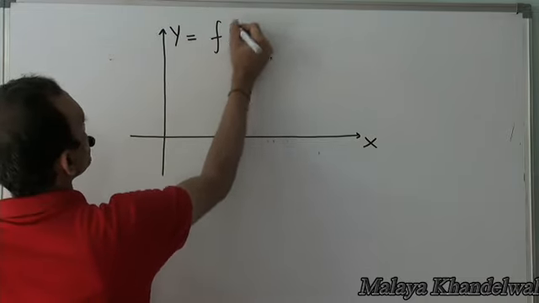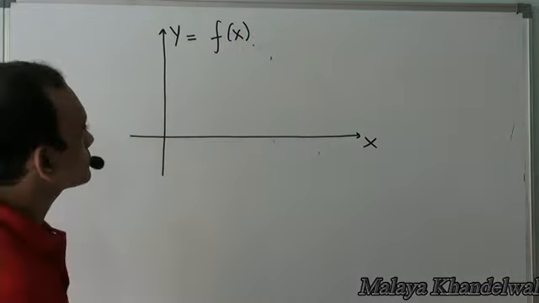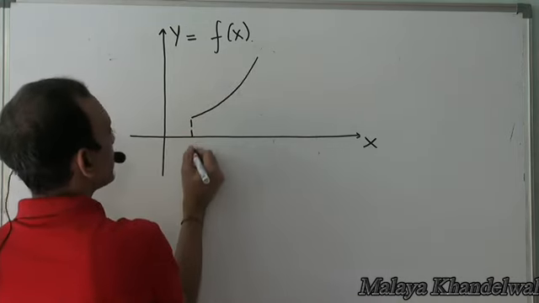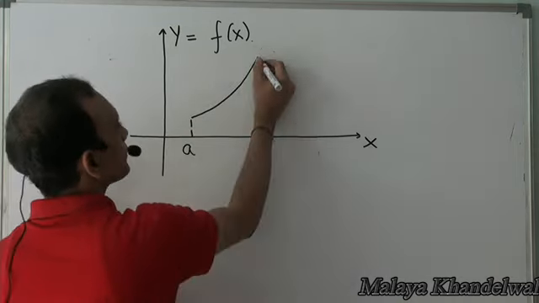Say y equal to f(x) versus x. Say this is a function which goes as follows. In the interval a to b, if I select any x1 and x2 such that x1 less than x2, I find that f(x1) does not exceed f(x2), for every x1 less than x2 in the proposed interval.